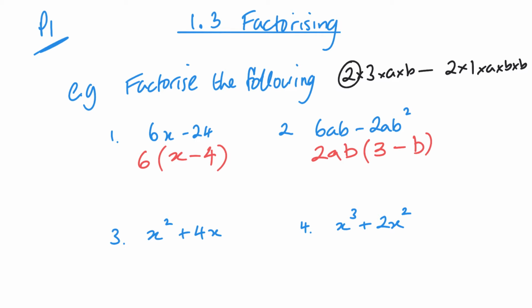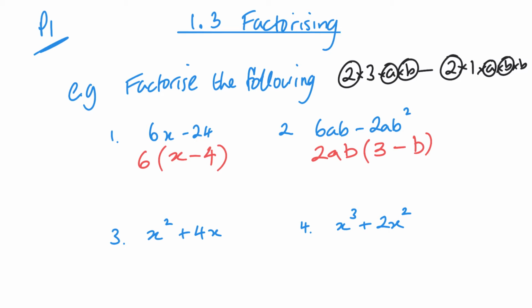And when you look for what's common, you can circle them, and that is what I take outside. So you can see here 2AB goes outside, and I'm left with 3 minus 1B. Okay, and obviously I don't need to write the number 1 there. But that's how you can break it down if you need a little bit more help with some of these.